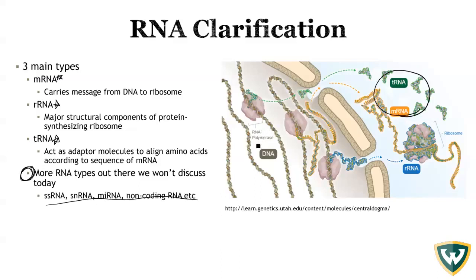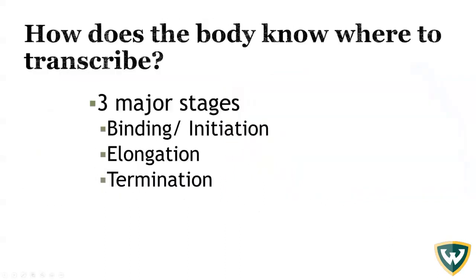But for right now, we're going to talk about mRNA, or messenger RNA. So how does the body know where to transcribe DNA? And it occurs in three major stages: binding, elongation, and termination.